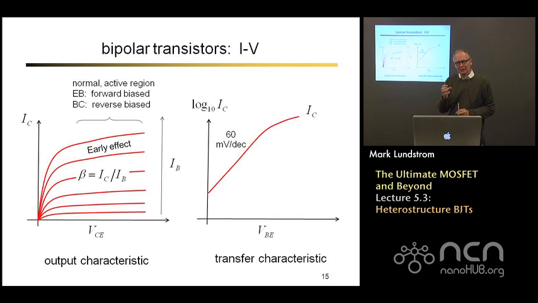That happens because we have a direct connection to the p-type base, not an indirect connection through this oxide, and it continues to very high current levels. So we get this exponential slope all the way from subthreshold to above threshold, and that's a fundamental difference between a MOSFET and a bipolar transistor. We get that steep dependency all the way above threshold. The base current is a factor of beta times lower than that.